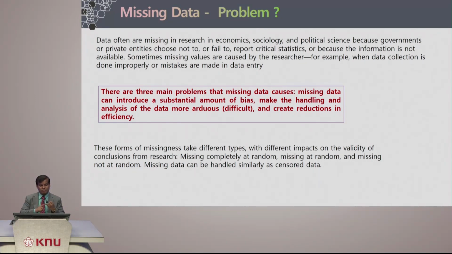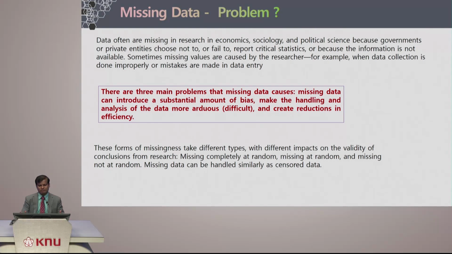Missing data can cause bias. It can add difficulty or complexity to your system, and your overall efficiency is reduced, which means that this problem of missing data is vital. Let's look at more information on how this can be handled.